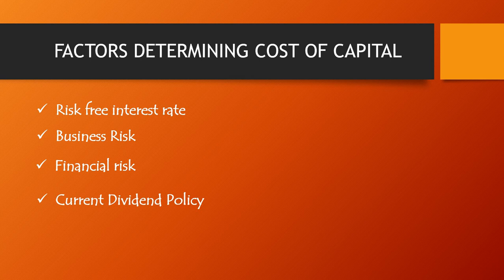Okay, next we talk about your current dividend policy. The current dividend means, of the total earnings, that means whatever the company is earning, how much amount is being paid to the shareholders in the form of dividend. Now, whenever you are calculating the dividend, you have to calculate the price earning ratio.